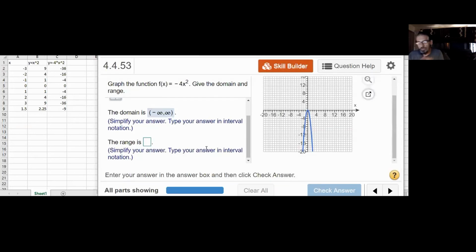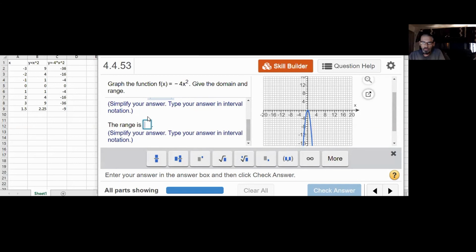The range, by the way, you've got to go left to right, least to greatest, when you use interval notation. And you don't use those curly braces around the interval notation. I had the parentheses because negative infinity and positive infinity are not included. They're not numbers that we can reach.